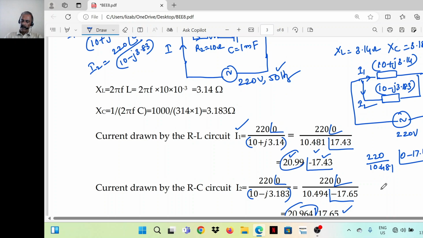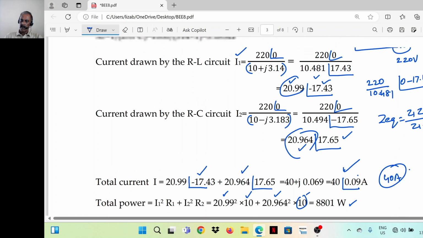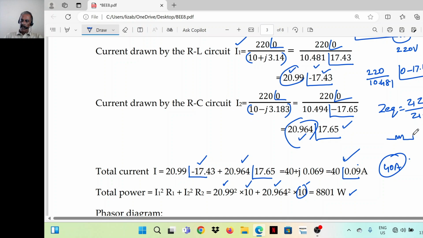Z equivalent is equal to Z1 Z2 divided by Z1 plus Z2. So applied voltage divided by Z equivalent will give you the total current. Then the square of the total current into equivalent resistance. That means Z equivalent will have R equivalent and X equivalent.